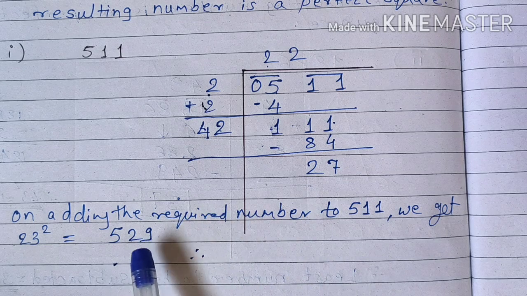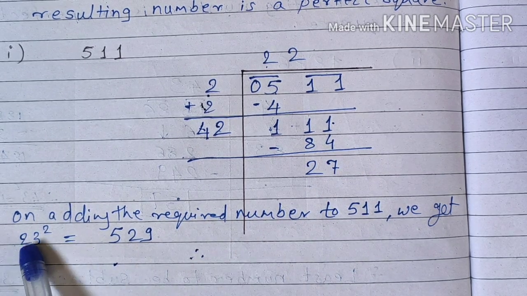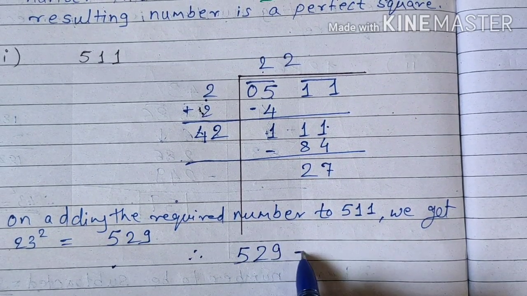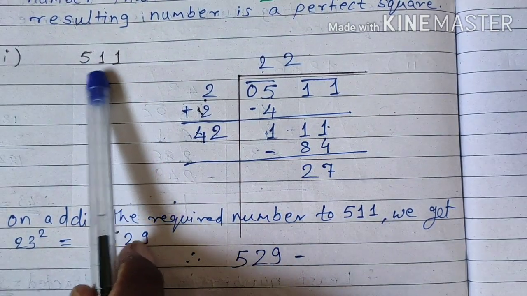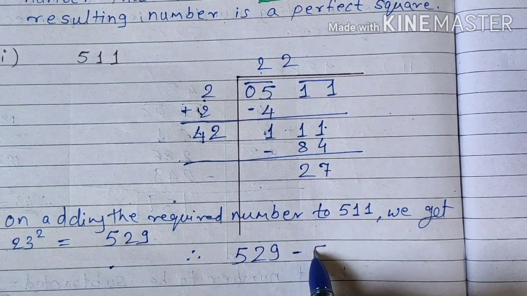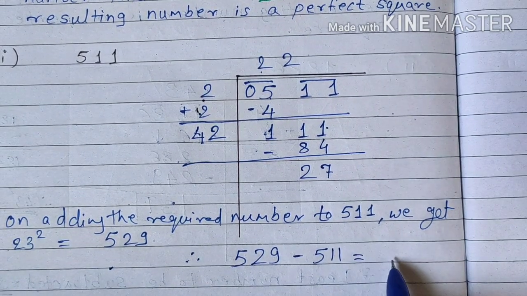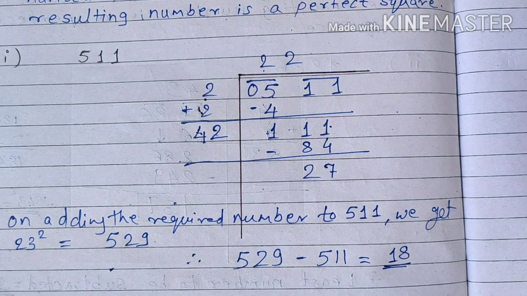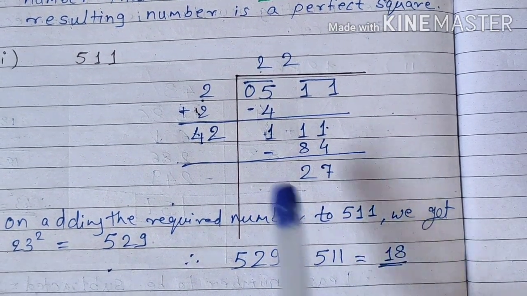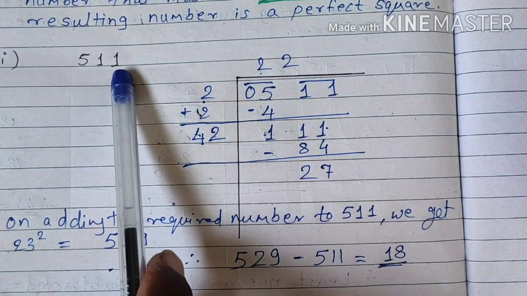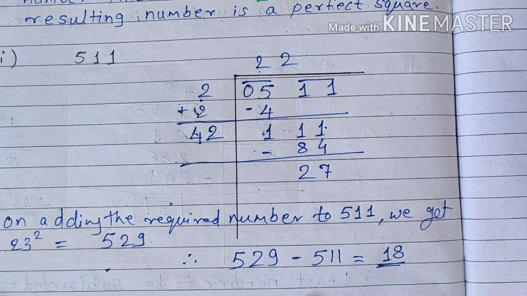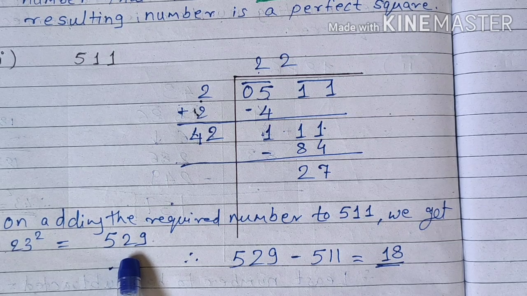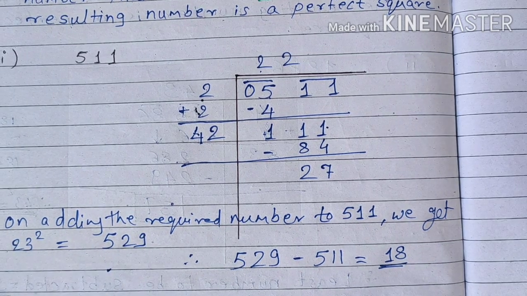We know that the resulting number will be the perfect square 529, or the perfect square of 23. Therefore, 529 minus 511. What are we getting? 18. It means when we add 18 to this 511, we get 529, and this 529 is a perfect square of 23.